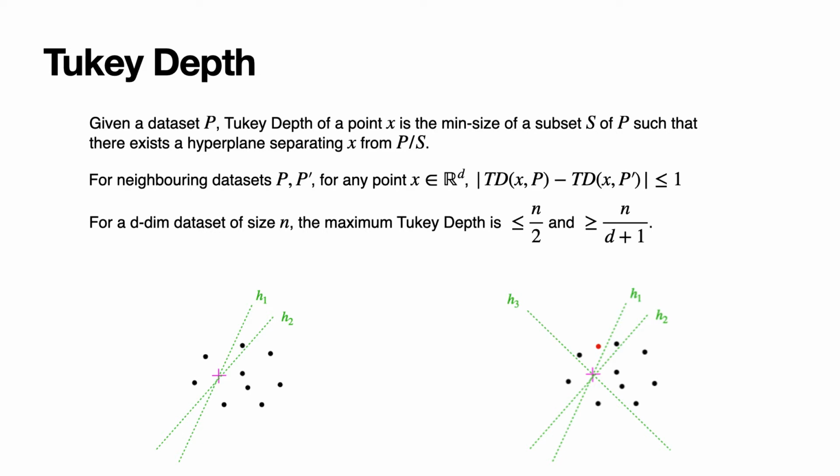And note that for a d-dimensional dataset of size n, the Tukey depth is upper bounded by n over 2, and there must exist a point in the space with Tukey depth greater than or equal to n over d plus 1.